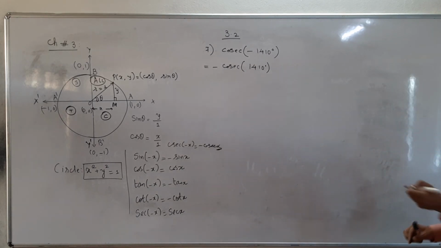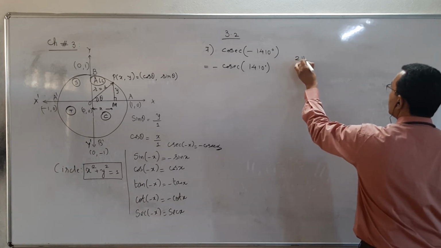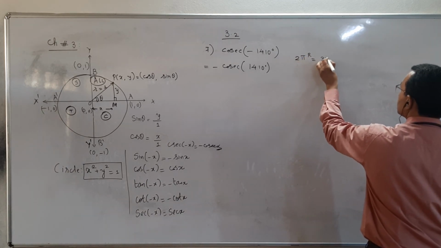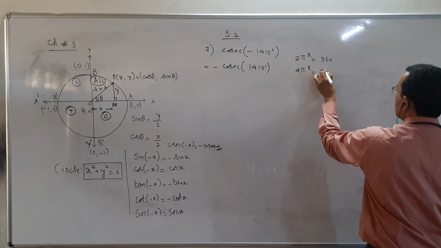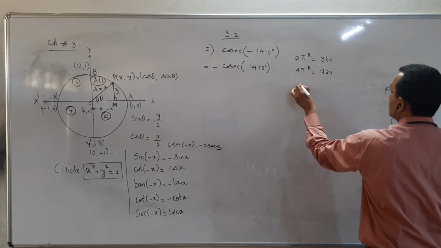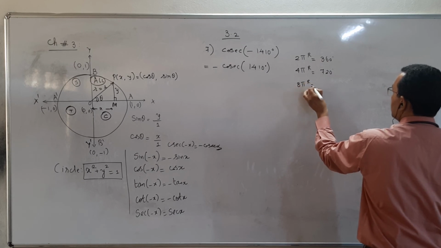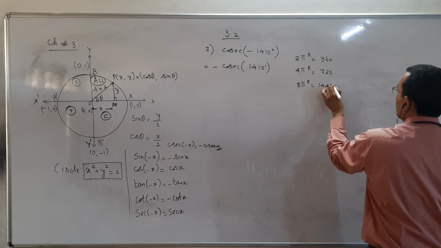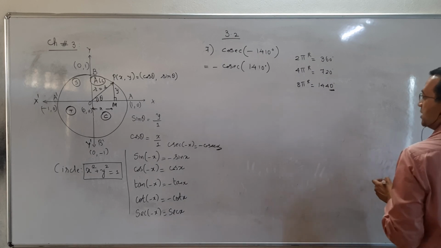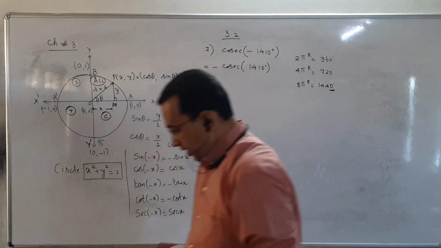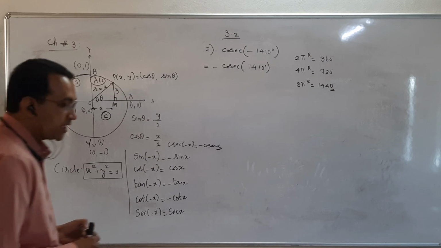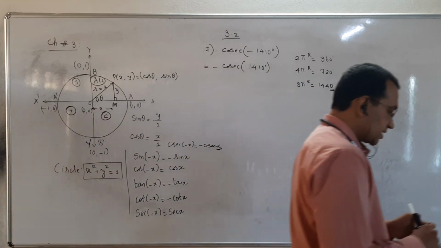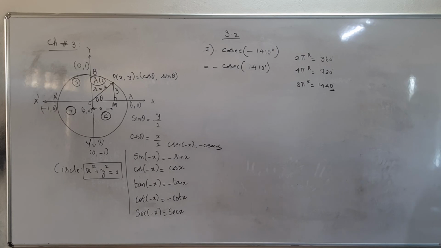Now, 2 pi radian is 360 degree. So 4 pi radian will be 720 degree and 8 pi radian will be 1440 degree. This much easily students we can understand. Pi is 180 degree, so 2 pi will be 360, 8 pi will be 1440.